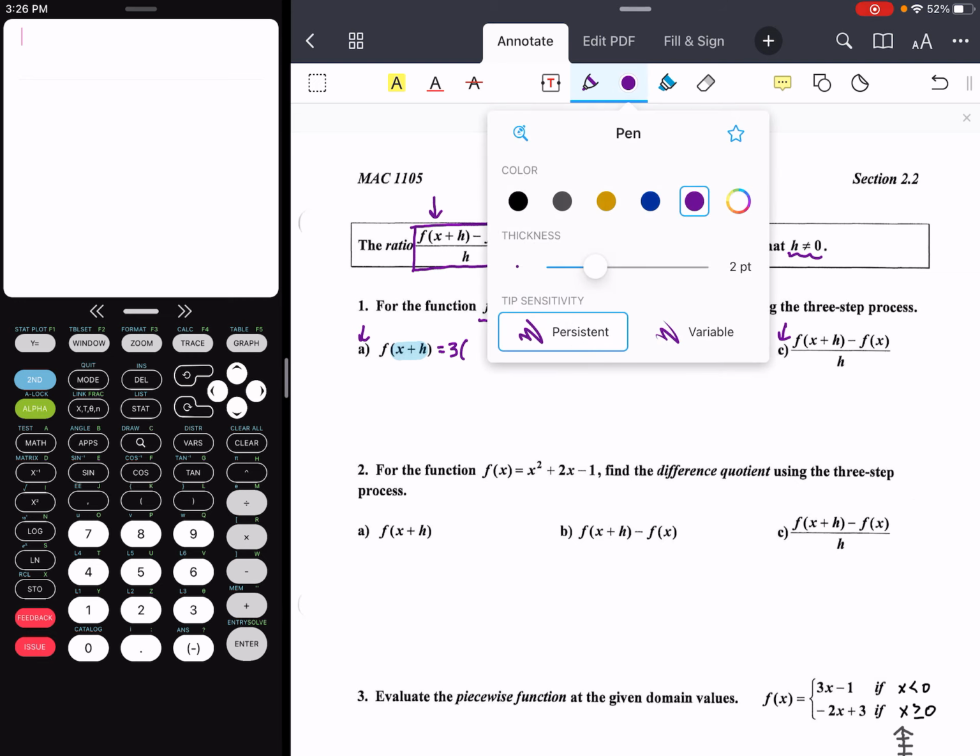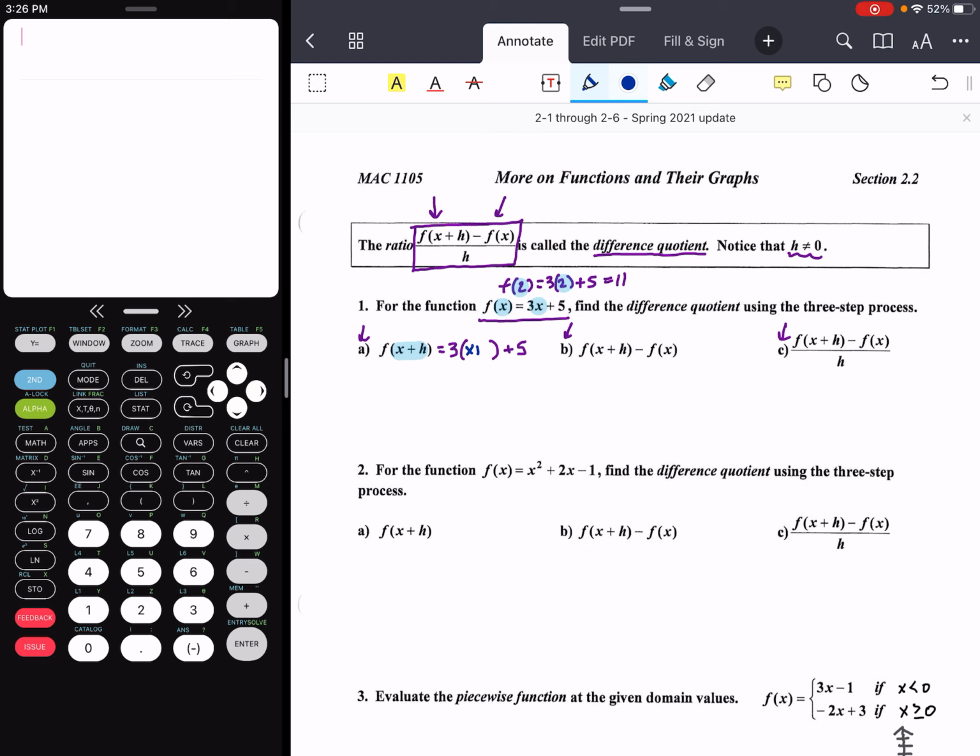I'm just going to put that x plus h in a different color. Whatever I have inside my parentheses in f of x plus h goes inside parentheses there. I replace my x with parentheses x plus h.